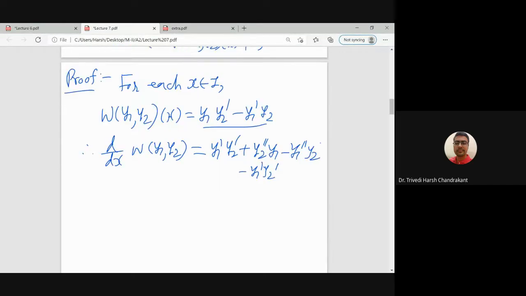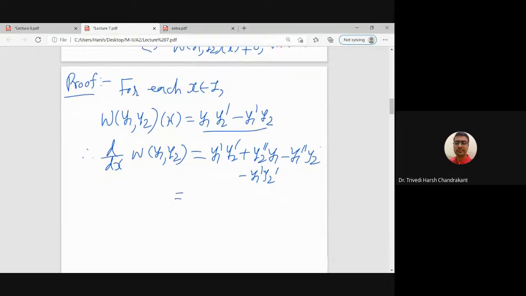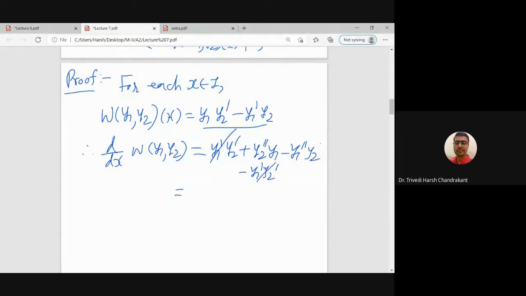We have differentiated both the sides with respect to x, and then we can cancel out the same terms. So y1 dash y2 dash, we have two terms with plus and minus sign, so these two terms will cancel out, and what we'll get is y2 double dash y1 minus y1 double dash y2.